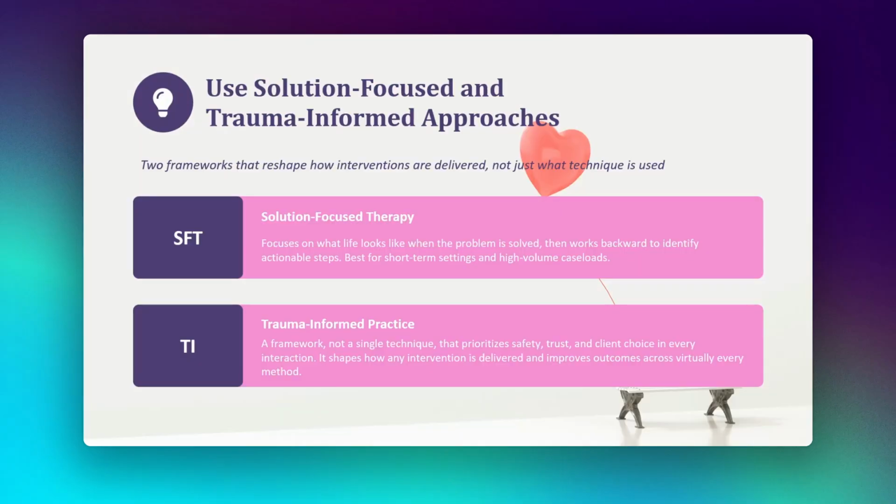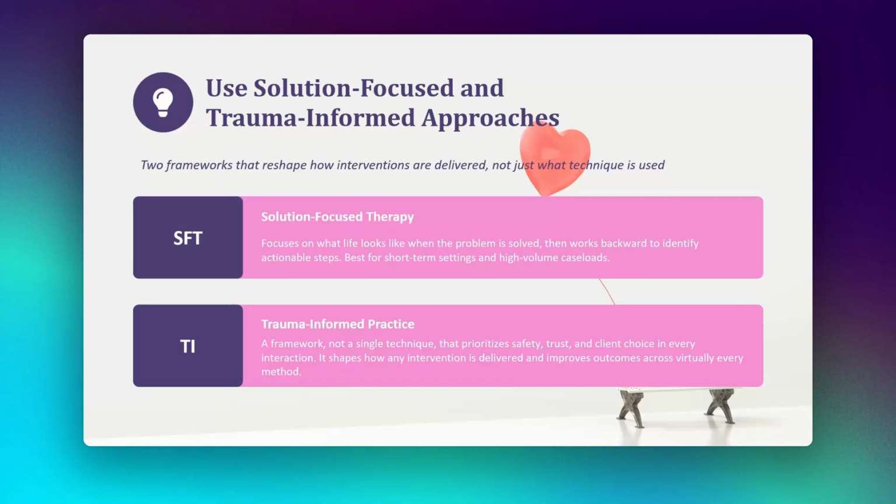Our next two frameworks are solution-focused therapy and trauma-informed practice. They work a little differently from CBT and MI in that they're more about how you orient to the work than the specific set of techniques. Solution-focused therapy, or SFT, flips the standard clinical orientation on its head.